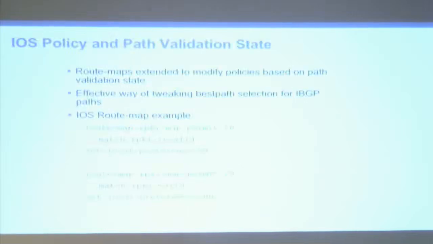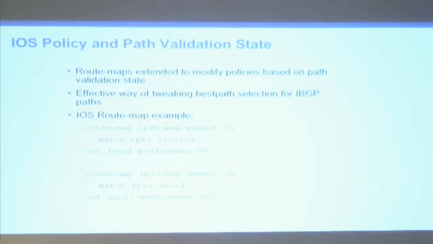In the next set of slides, I will talk a little bit about the CLI extensions made to support RPKI. The major modifications are in the route maps and the route policy on the XR. The route maps on the IOS side have been extended to match based on the RPKI state that is set once the origin validation is performed.